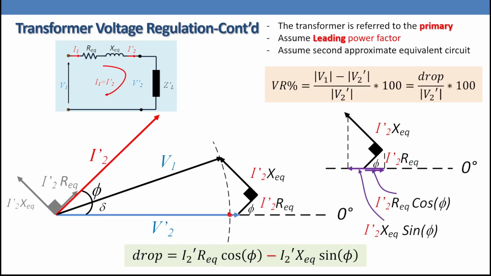If we succeed to calculate the drop, then voltage regulation equals the drop over V2 dash multiplied by 100. And in a capacitive case, or leading power factor case, you might find that V1 is lower than V2 dash. We're going to prove that using numerical examples in the further slides.